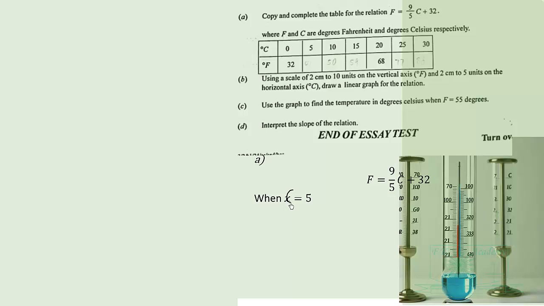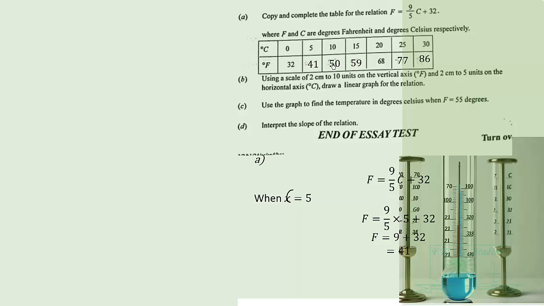So when C is equal to 5, F will be equal to 9 over 5 times 5 plus 32, and that will give us 9 plus 32, which is 41. So you fix the 41 right here. Then you work again and fix the values there, like that. So we have the table complete. So we are done with the A part of the question.